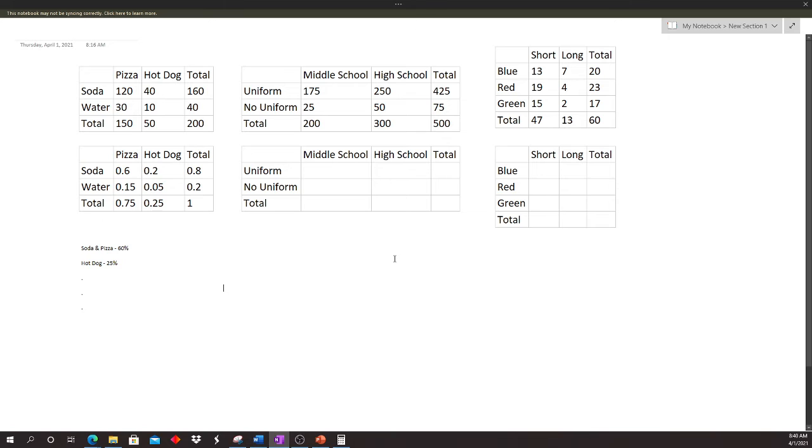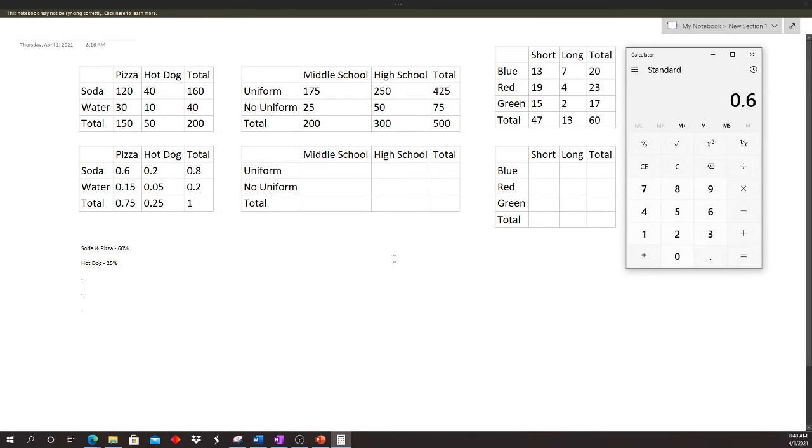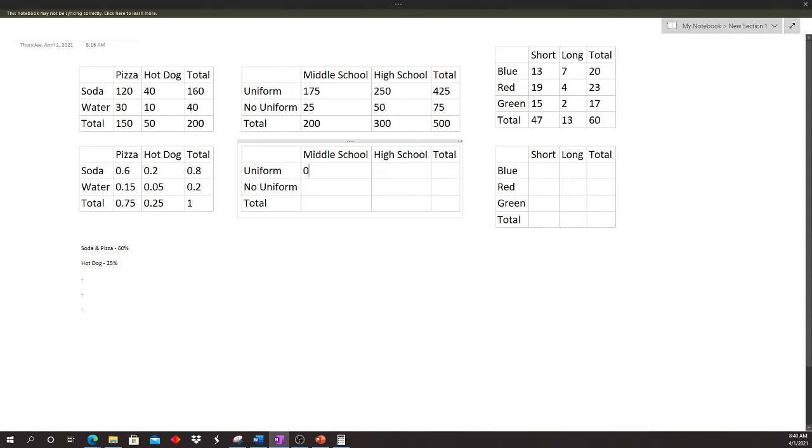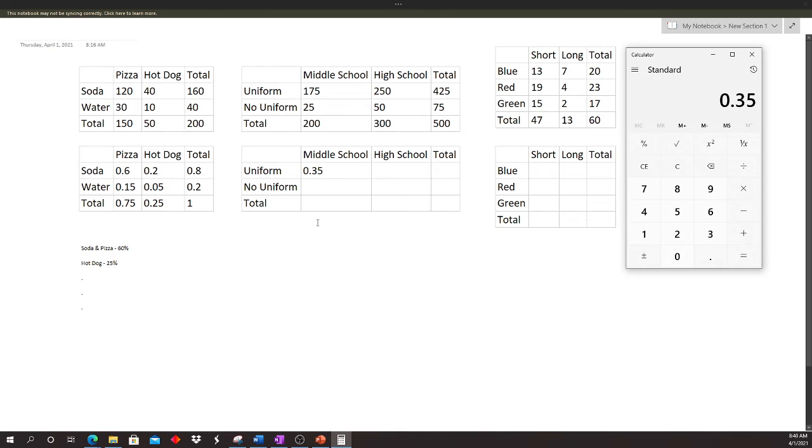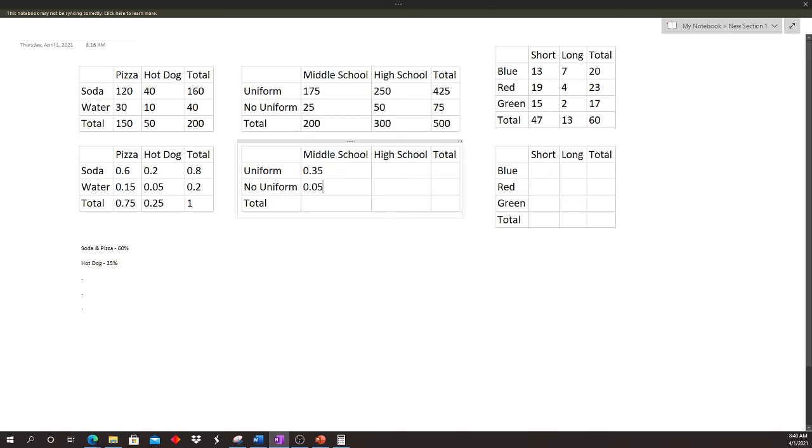So I have a total of 175 who ordered a uniform in middle school out of 500. So I can use my calculator to get 0.35. And you don't have to keep it up obviously, but 25 divided by 500, 0.05. Now for this example, I try to choose decimals that we're going to divide nice and evenly.